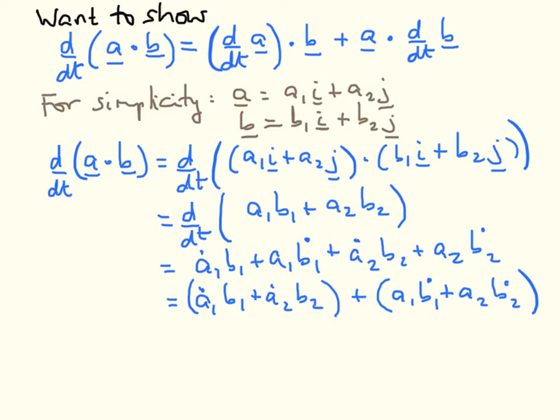Here we have b1 multiplied by the derivative of a1, here we have b2 multiplied by the derivative of a2, so this is equal to the scalar product of a vector with the vector b. So with the a being differentiated.